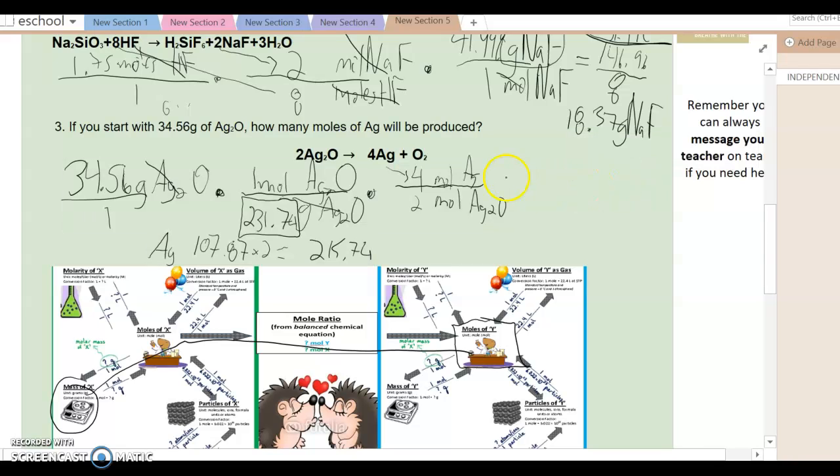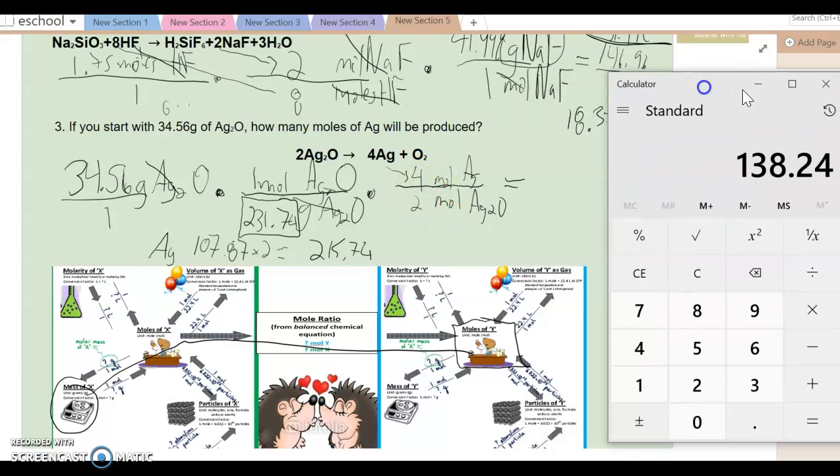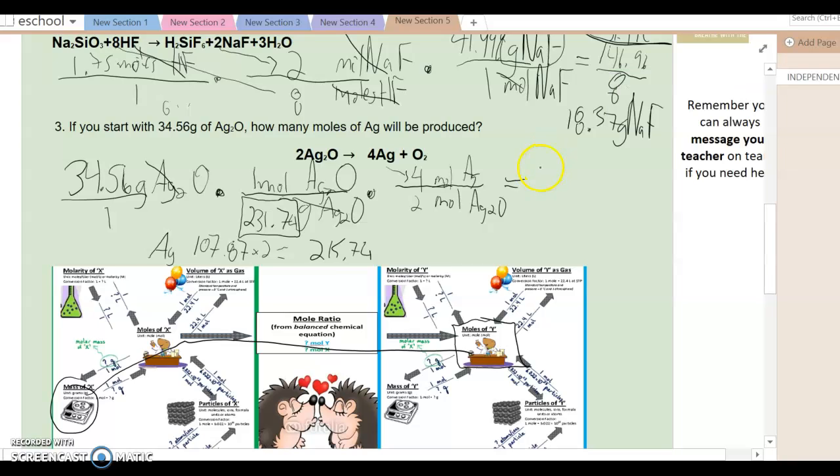That is going to equal, so I've got to do 34.56 times 1 times 4. I'm going to get a number written down. 34.56 times 1 times 4 is 138.24. On the top.